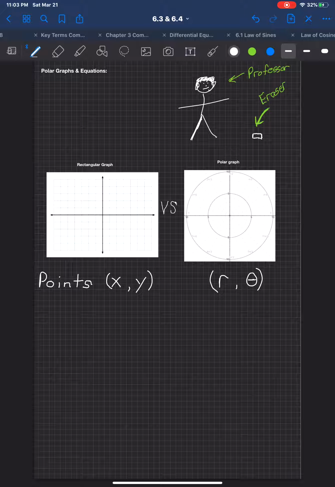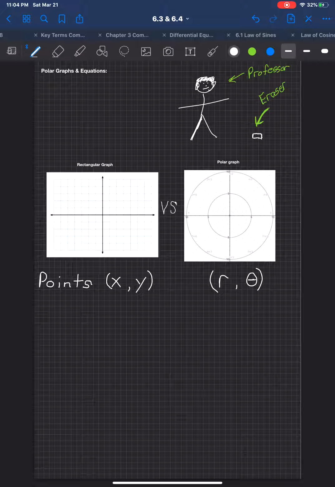I do because I teach Calc 1, 2, 3, differential equations, etc. And we call upon polar graphs and polar coordinates in these higher maths. And I want you to at least have a decent understanding of what I mean if you have to venture far enough in your maths to take those courses.